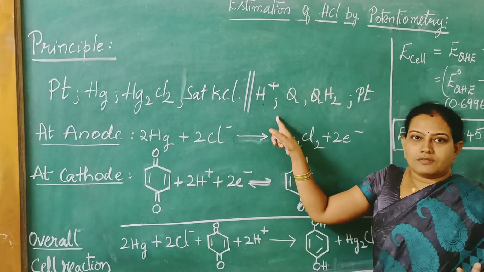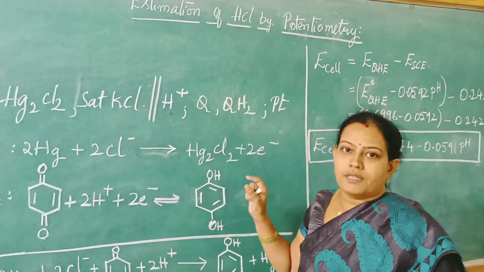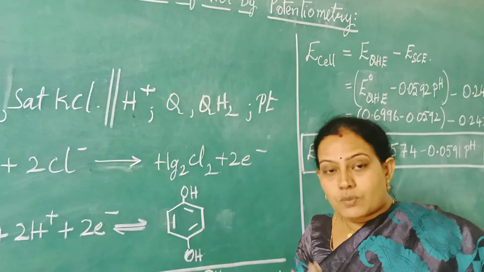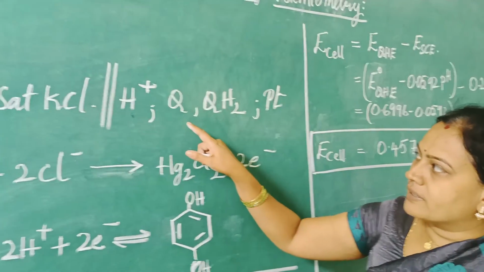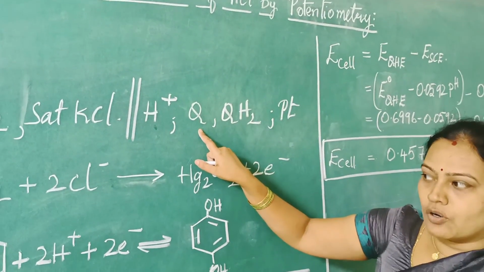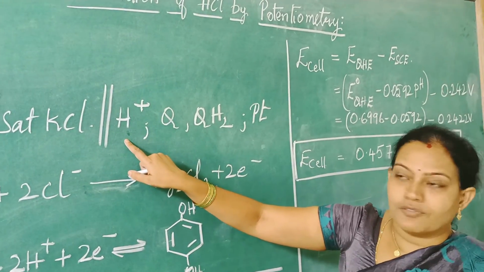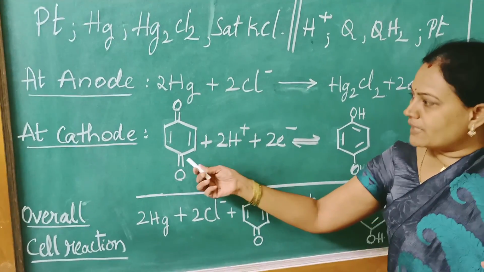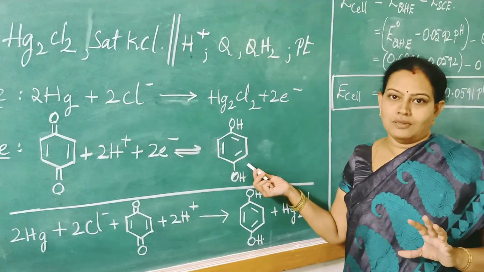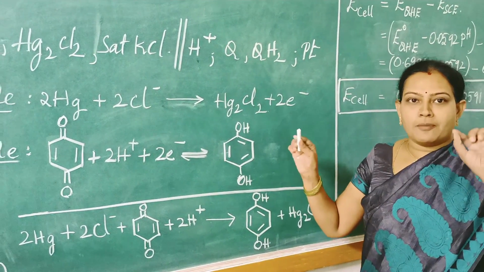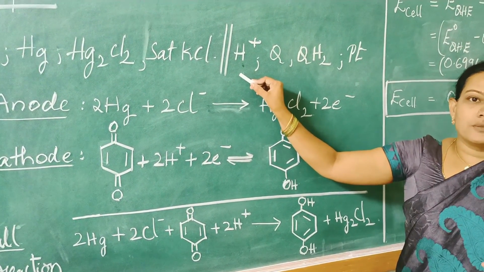Now the other electrode that we are going to use, the other half cell, the reduction half cell, is the quinhydrone electrode. This quinhydrone electrode acts as the indicator electrode. So what is the indicator electrode here? You take quinone and quinol in a 1:1 proportion, which forms quinhydrone, a black powdery substance, added to the solution of HCl which we are going to estimate.